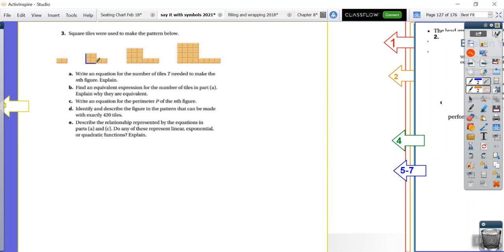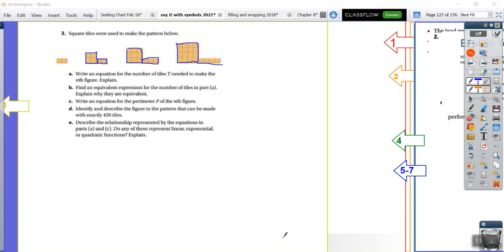In figure 2, we have a square and then this tail, right? In figure 3, I'm starting to see a pattern. A square and a tail. In figure 4, we have a square and then a tail again.